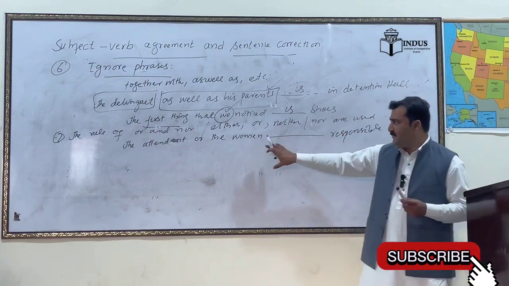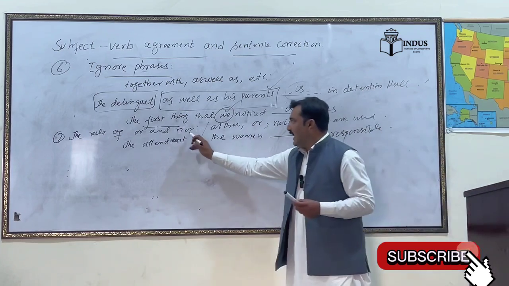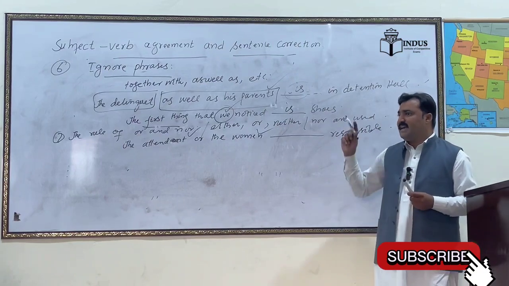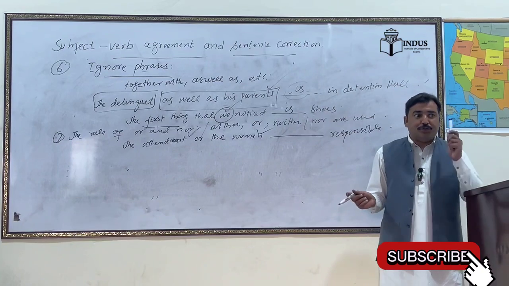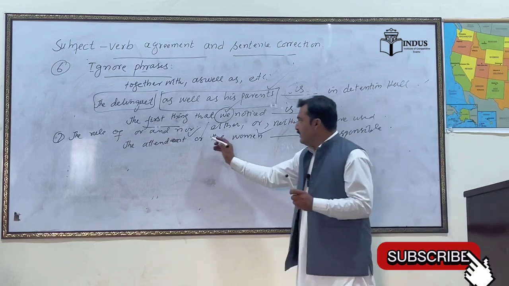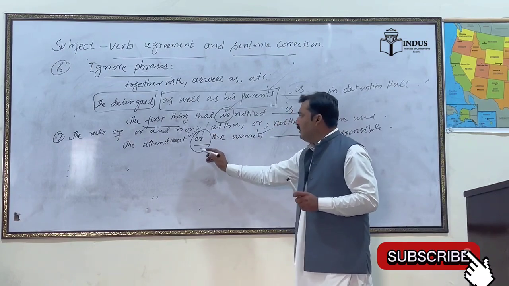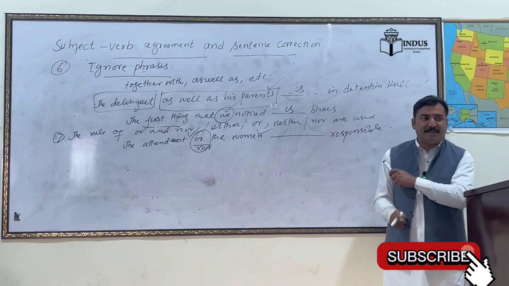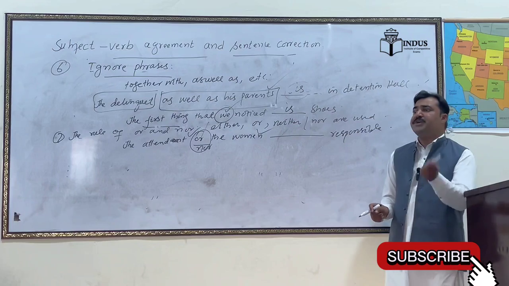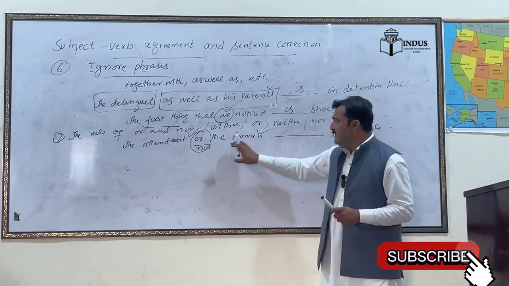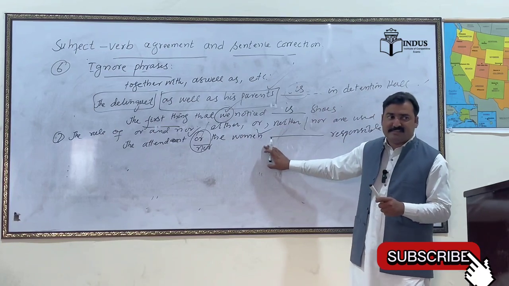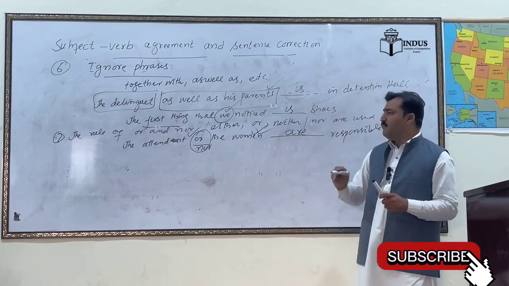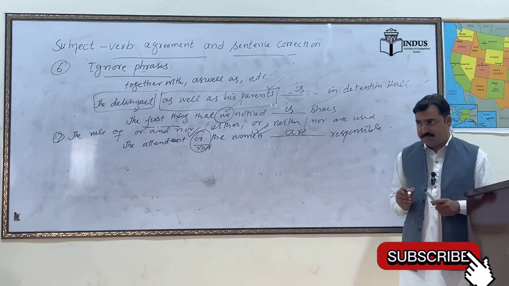In this sentence we have two subjects, remember: the attendant or the women. The first one is singular, the second one is plural. Your subject will be the one that is after the or, after the nor. If it is singular, treat your verb as singular. If it is plural, treat your verb as plural. Now, the attendant or the women: we have a plural subject after the or, so we will treat it as a plural verb. Got it?